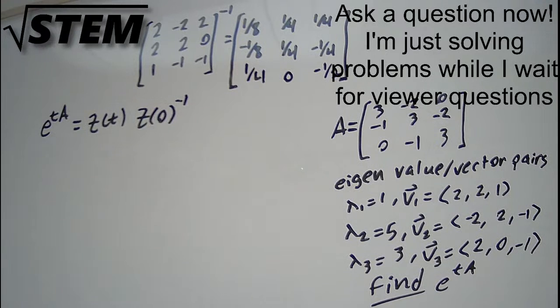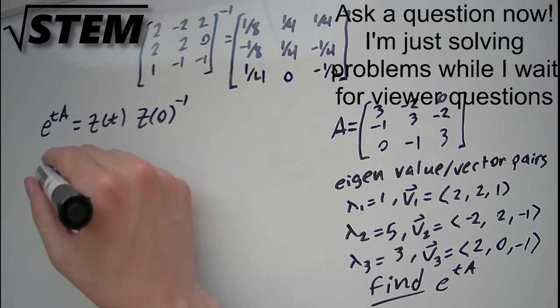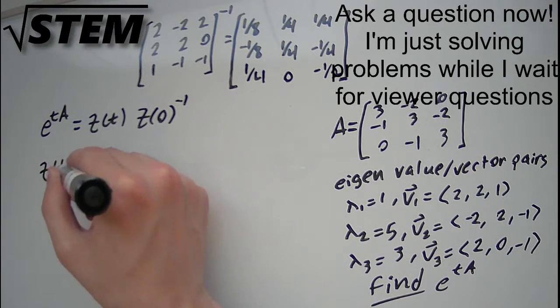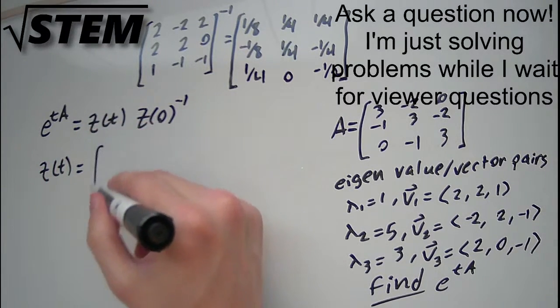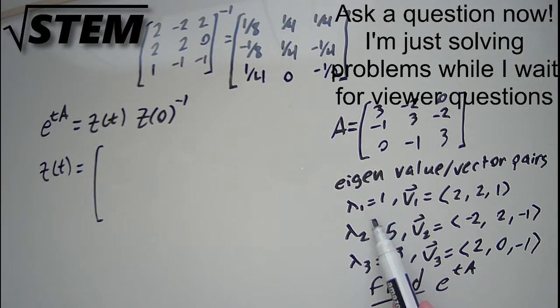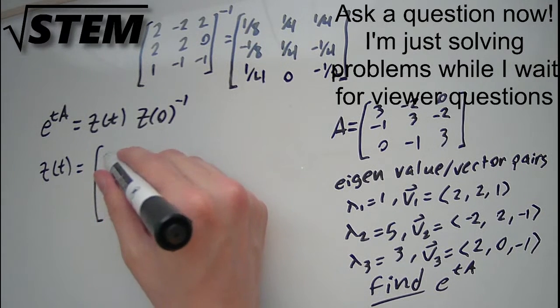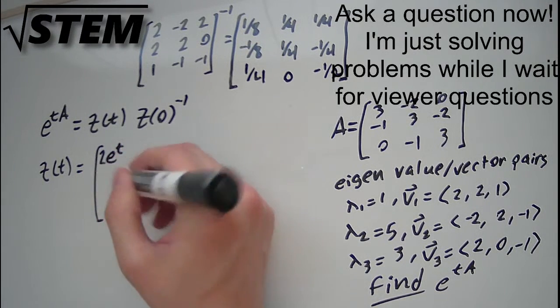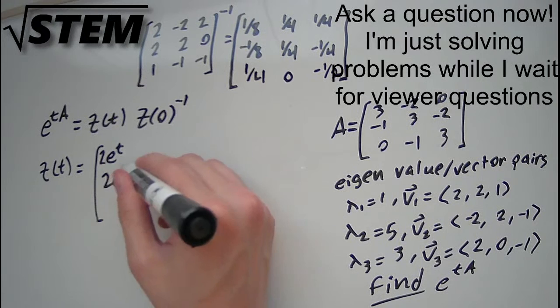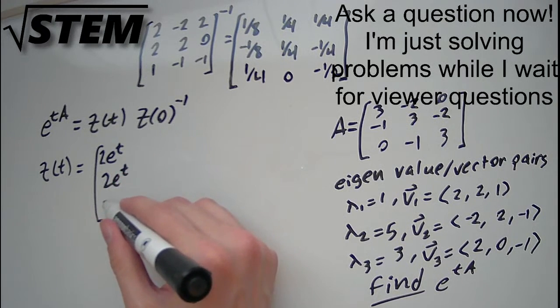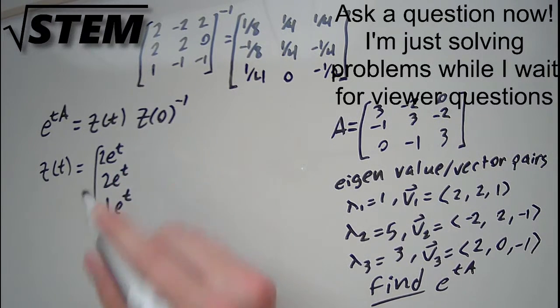So our fundamental matrix would be Z of t equal to: we would have e to the 1 times t, so e to the t times 2 e to the t, 1 e to the t.